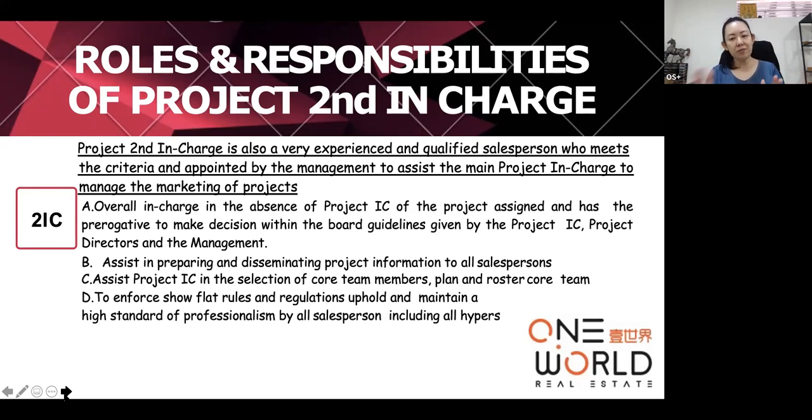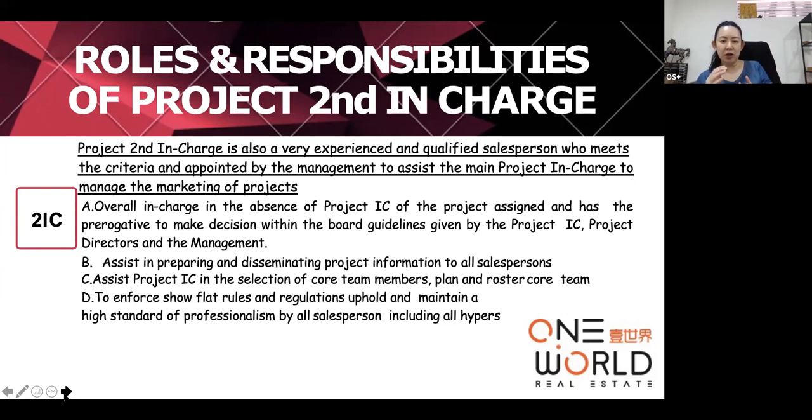So they need to assist in preparing and also distributing all the project information to all the salespeople when the project IC is not there. Assist the project IC in selection of the core team as well, giving ideas of which agent you think is important and can work together in this team.